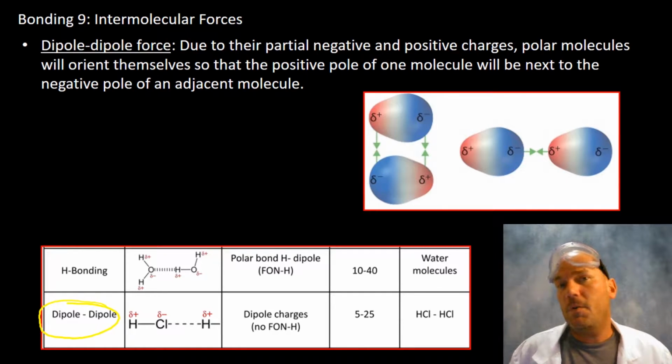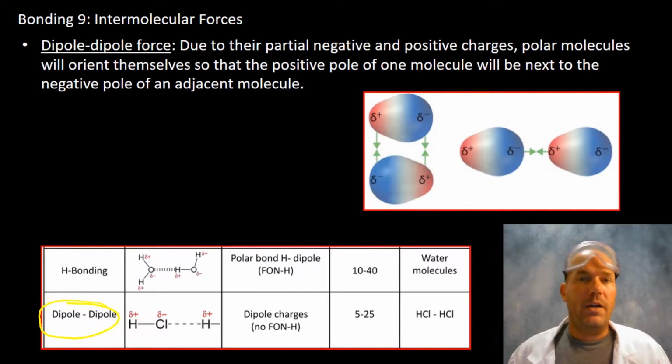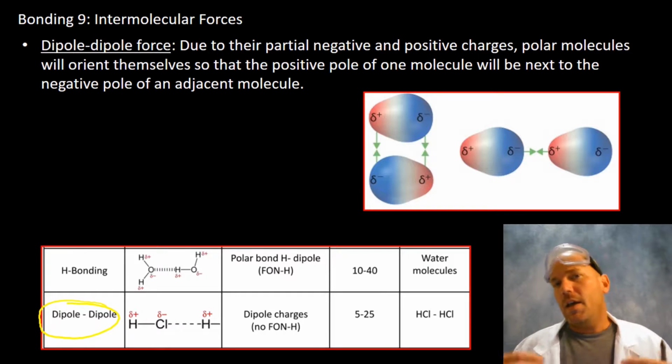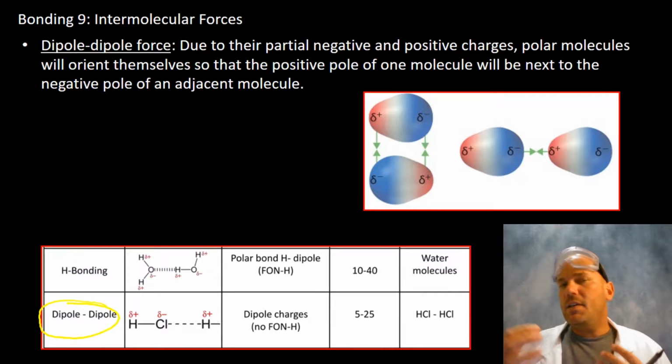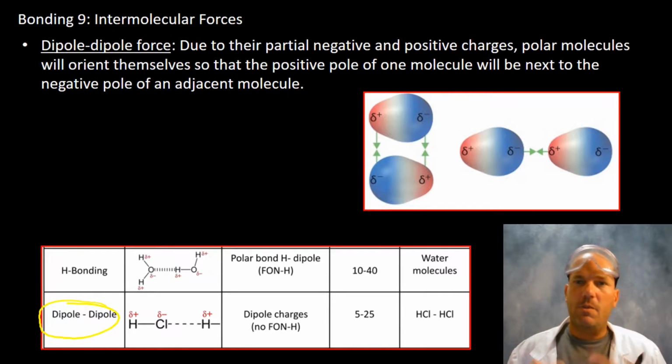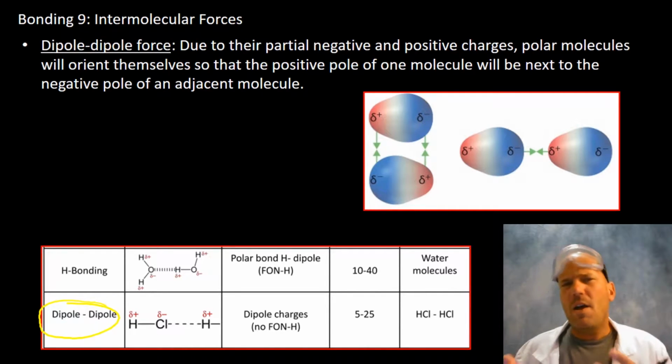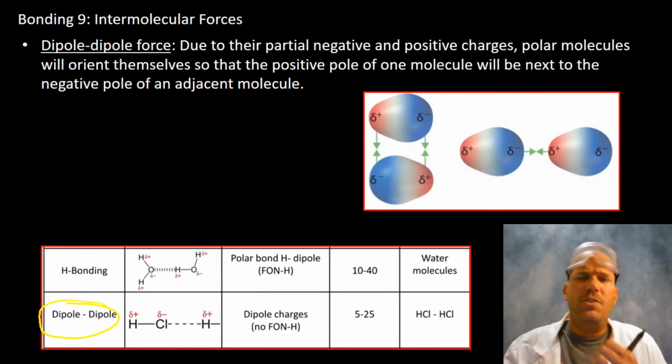For example, hydrochloric acid or hydrogen chloride, if we compare the electronegativity of the hydrogen to the chlorine, we'll see there's overall a change in electronegativity that exceeds 0.5, and thus we would refer to this as a polar molecule. It's that unequal sharing.